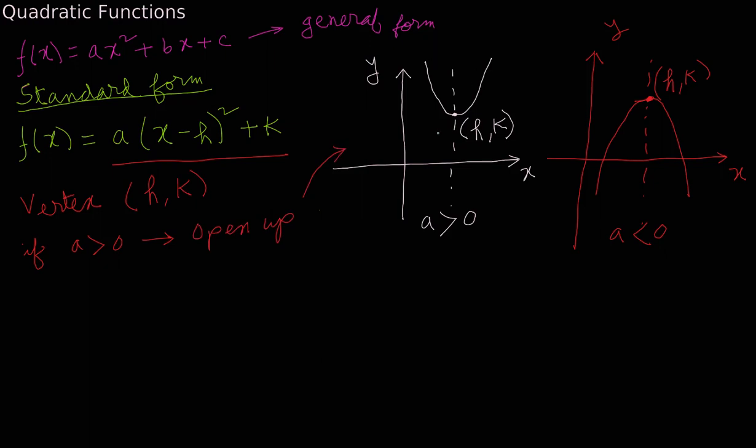Also, one thing we need to notice is that if the parabola opens up, then this point (h, k) is the minimum. So when the parabola opens up, I have a minimum.